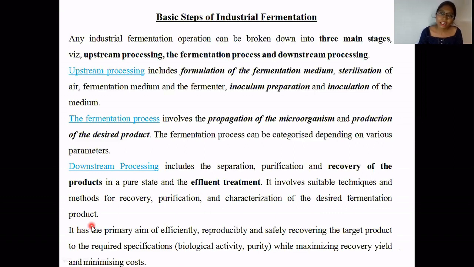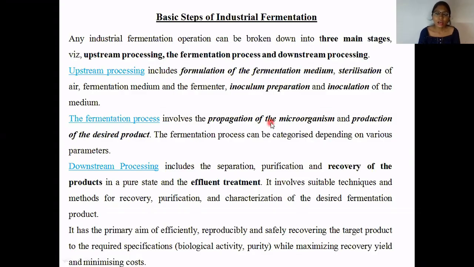So the main aim of the downstream processing is to recover our product efficiently, and we also have to maintain safety regarding our product. Biological activity we also have to maintain, and the main thing is that the cost should be as minimum as possible.